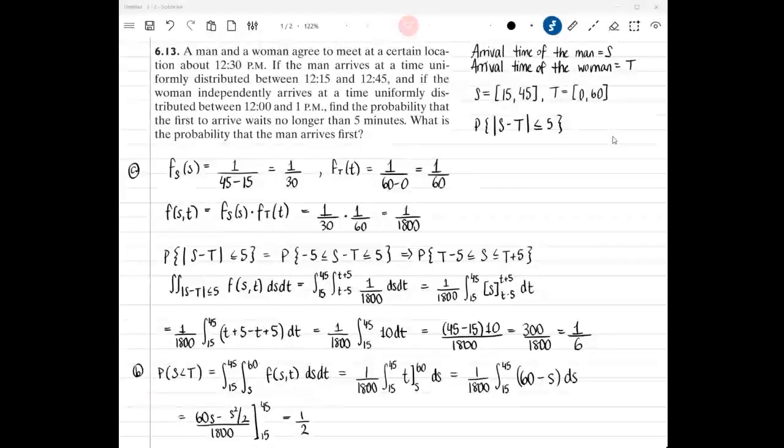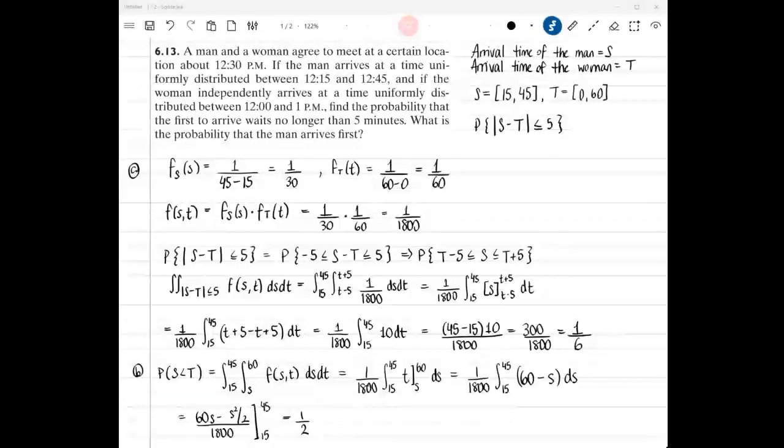Okay, so for this question, I set the man as S and I set the woman as T. And as the question gave, the variable for S is from 15 to 45, and the variable for T is from 0 to 60. And the first part of the question is asking to find the probability that the absolute value of the difference between S and T is less than or equal to 5.